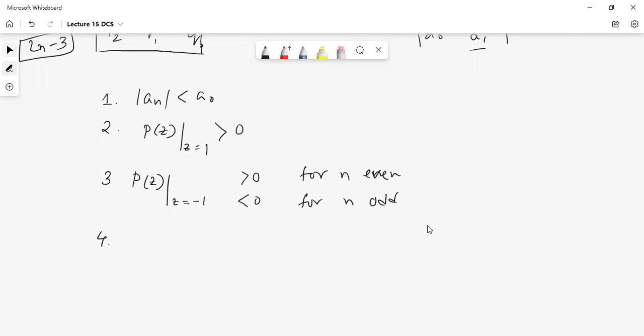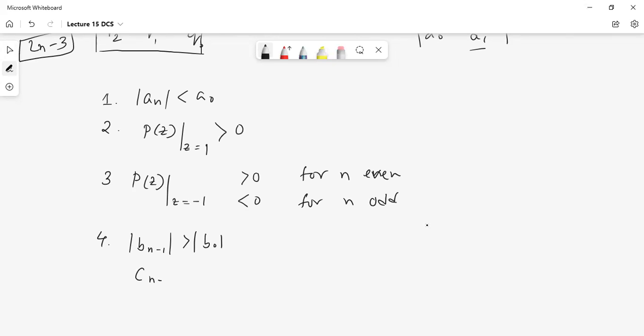If n is even, then the value has to be greater than 0. If n is odd, then it has to be lesser than 0. And then the last one is the rest of the coefficients, that is bn minus 1 needs to be greater than b0.